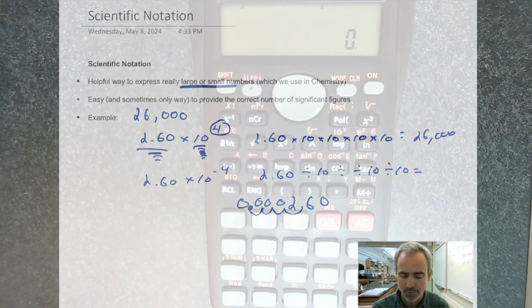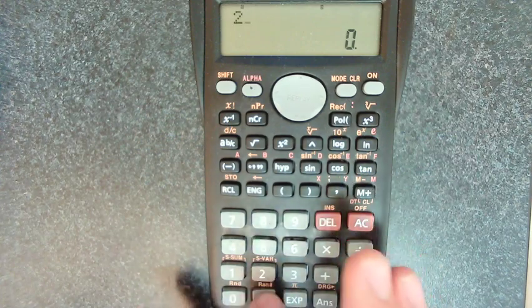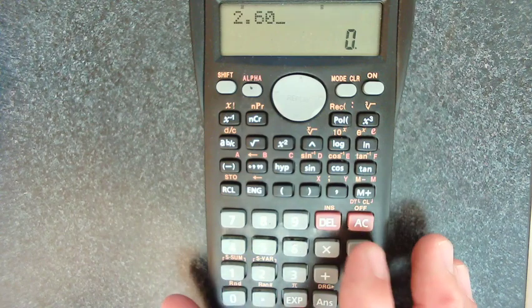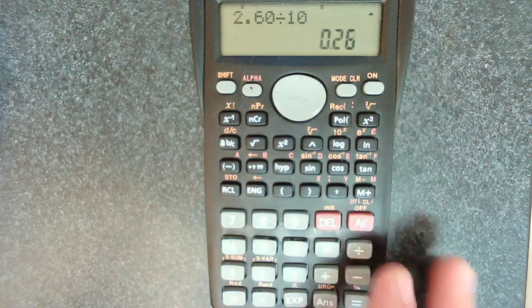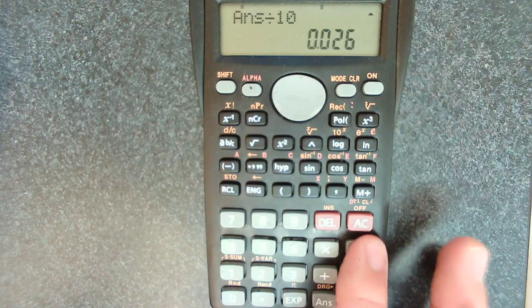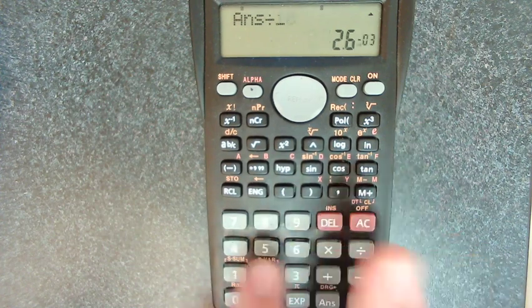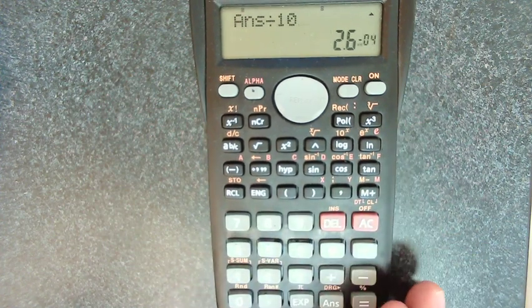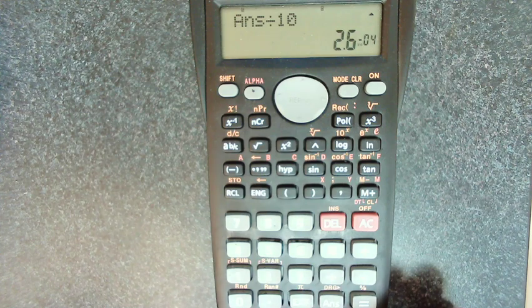and so we get this number 0.00260. Okay, so I just wanted to show you here the 2.60. Now we're going to divide it by 10, divide it by 10, divide it by 10, divide it by 10, and notice what we get. It actually puts it in scientific notation for us. It doesn't know the sig figs because I don't have it programmed that way, but we have 2.6 times 10 to the minus 4.